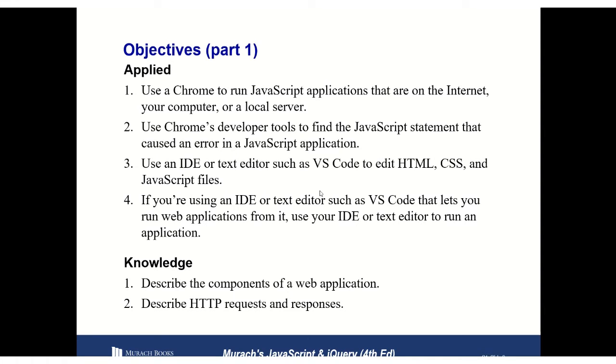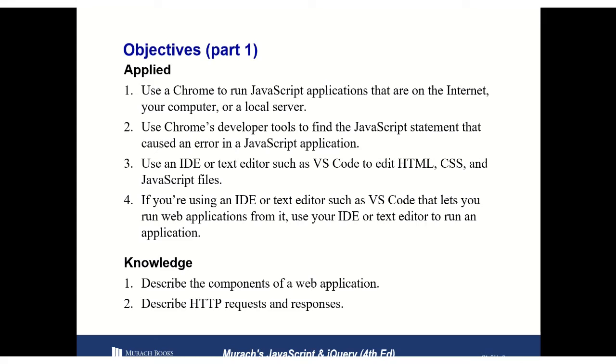So these are the course objectives that we are going to apply here. We will be using Chrome to run JavaScript applications. Then we will use Chrome's developer tools to find the JavaScript statement that caused an error.